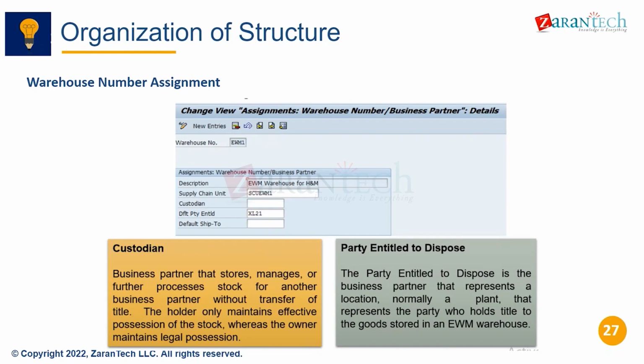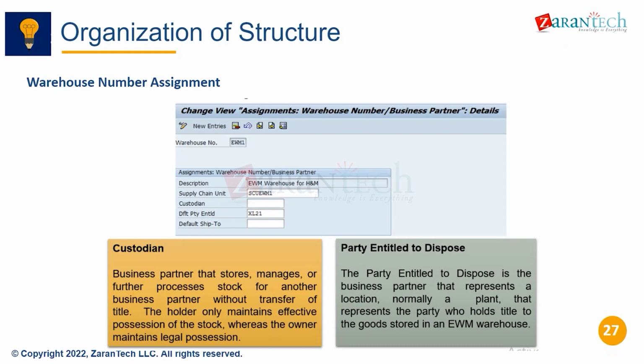Say xyz warehouse is with me, and xyz person is the owner of the stock, so we'll put that owner name into the custodian. I am not the owner of that stock, but it is in my warehouse, so that is called custodian.